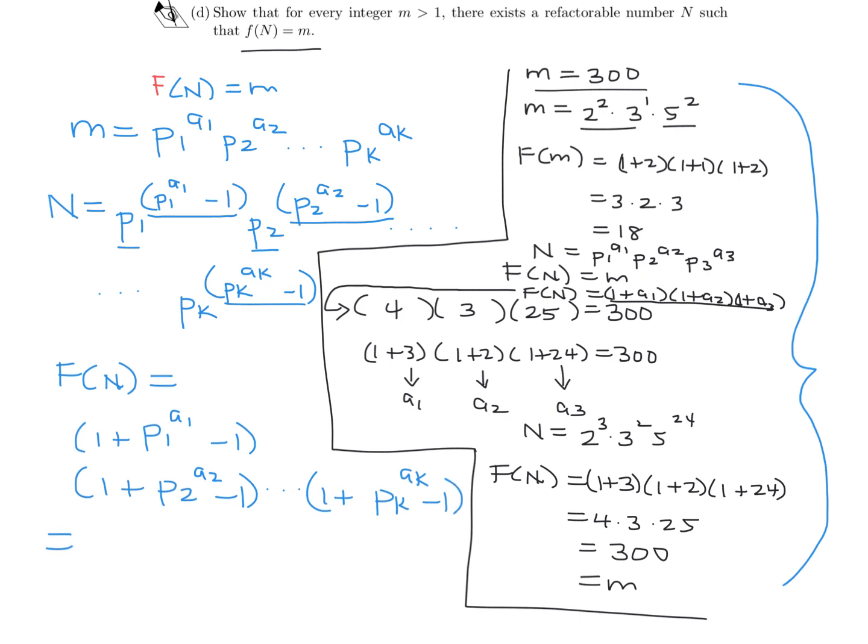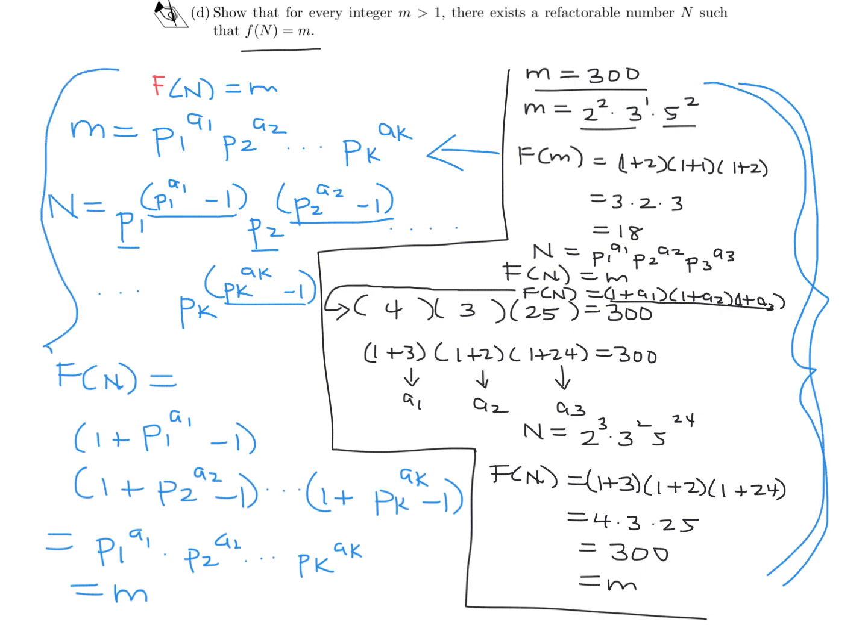So this all just becomes p1 to the a1 times p2 to the a2 times all the way to pk to the ak. Correct? And that, by definition, is m. See, it's the same as that. Hopefully, when you do one with numbers, it can help you do this part, which is the more general version of the question.